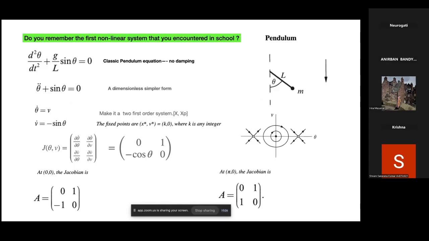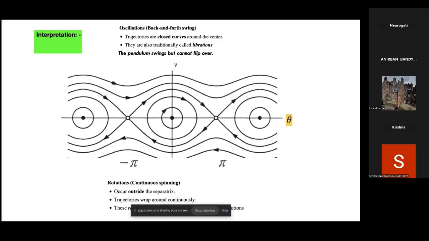When you leave the pendulum at that position, it will give a pure rotation. It will have a much larger velocity, and we'll see a full rotation or continuous spinning of the pendulum.